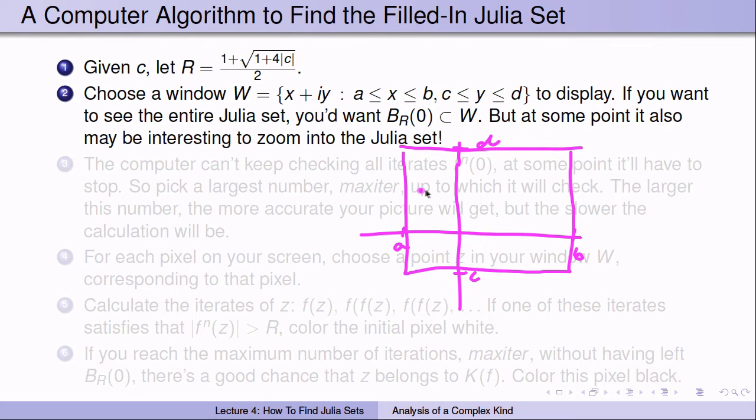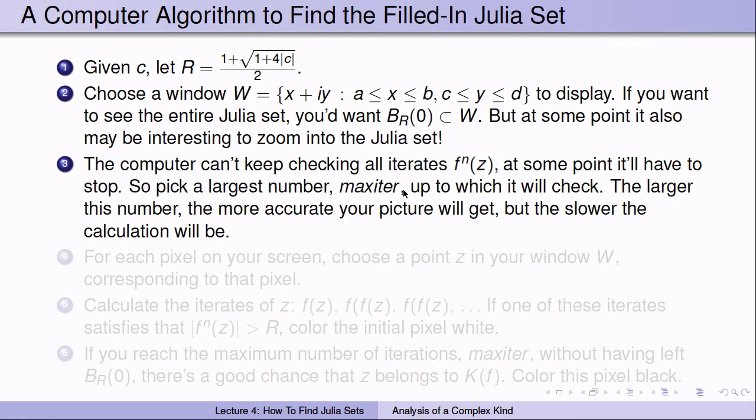Typically, you would want something rectangular that is centered around the origin, and typically you would want that ball of radius r to be part of that because the filled-in Julia set is typically contained in there. So you want the window bigger than that, unless you wanted to zoom into your Julia set. But typically you want that window to be at least as large as this radius, and probably you would want to choose something symmetric around it, but it's really your choice.